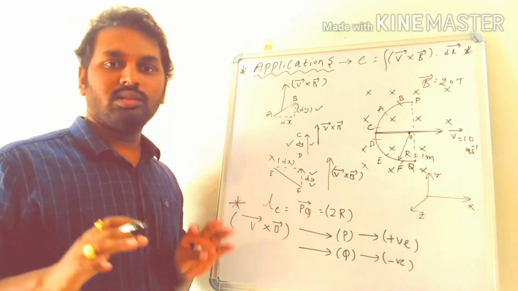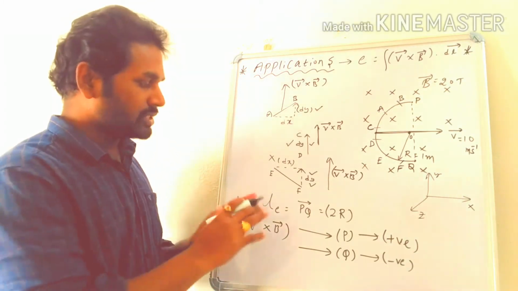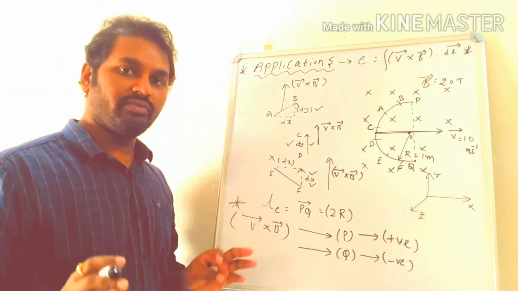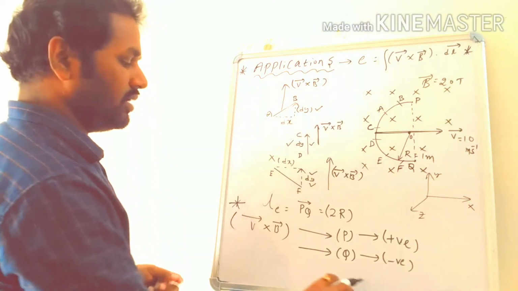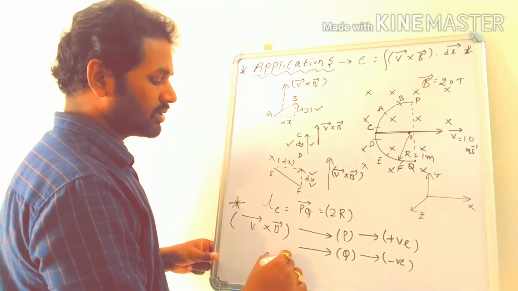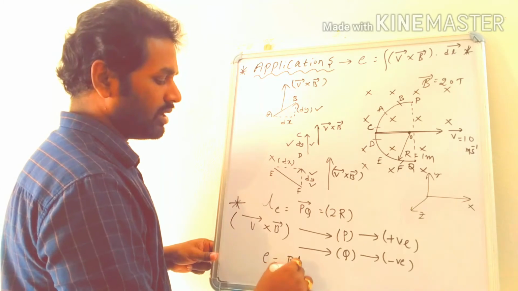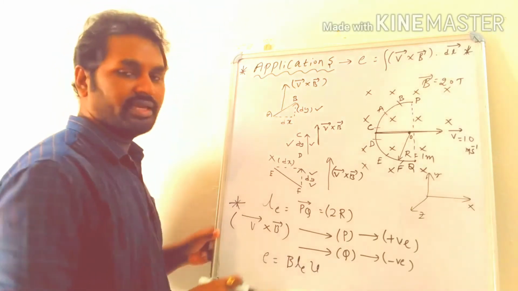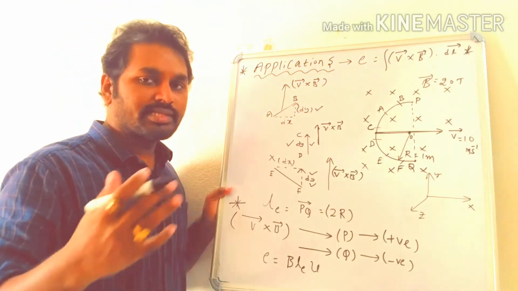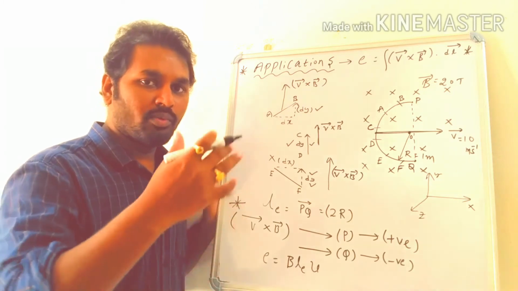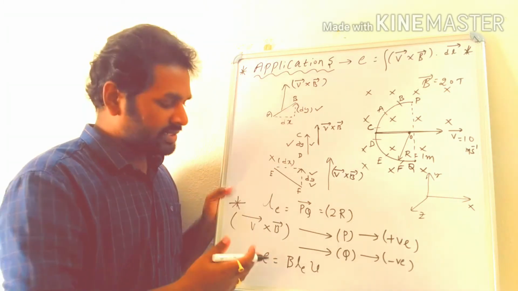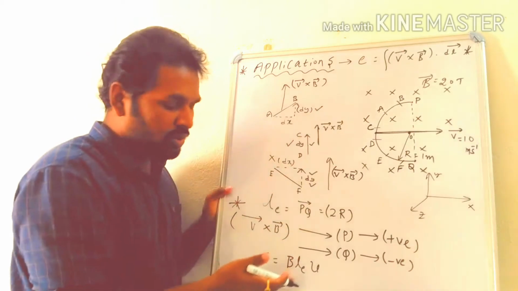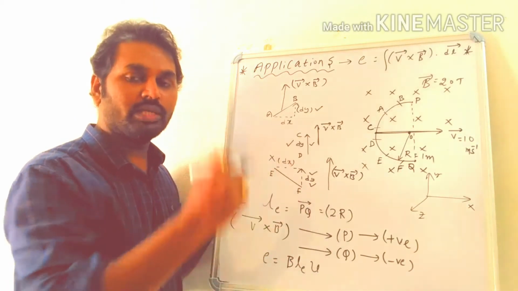So after getting all these things, we got the effective length, we got B, and we got V. So directly we can use E equal to BLV. What is L? Effective length. Because we got the effective length along the positive y-axis, this formula is converted into the shorter form BLV.